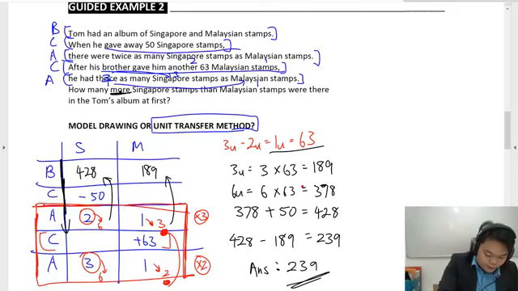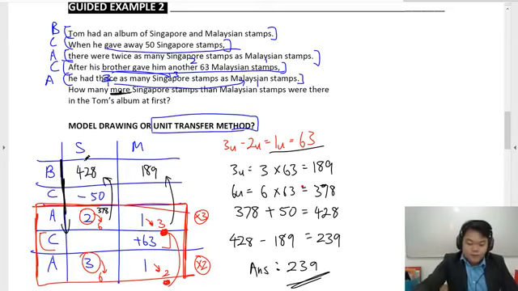Something minus 50 will give you 378 over here. So here you are taking back, you just imagine after you gave away 50, you are left with 378. So when you work backwards, you are taking back the 50. When you do that, you should be adding it back.